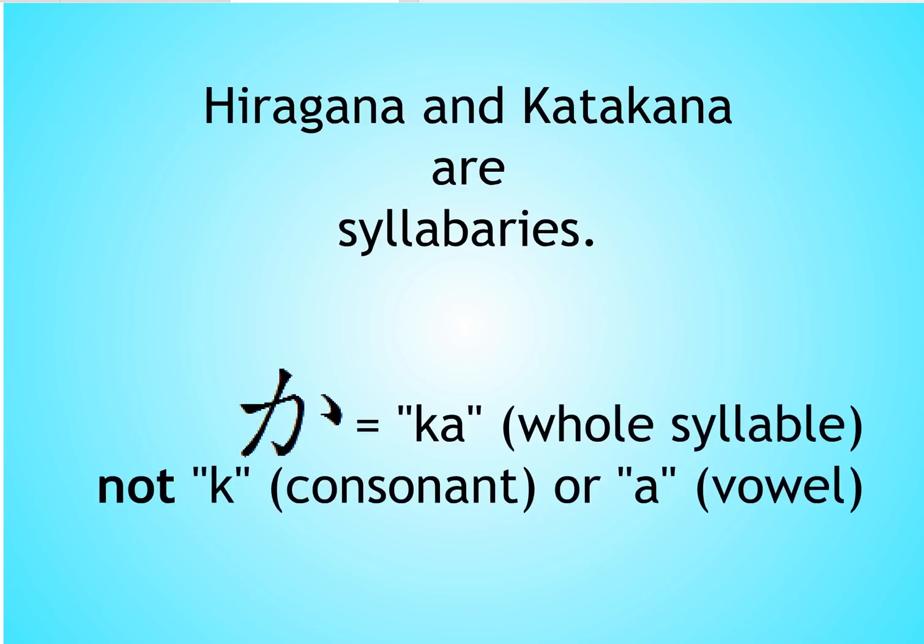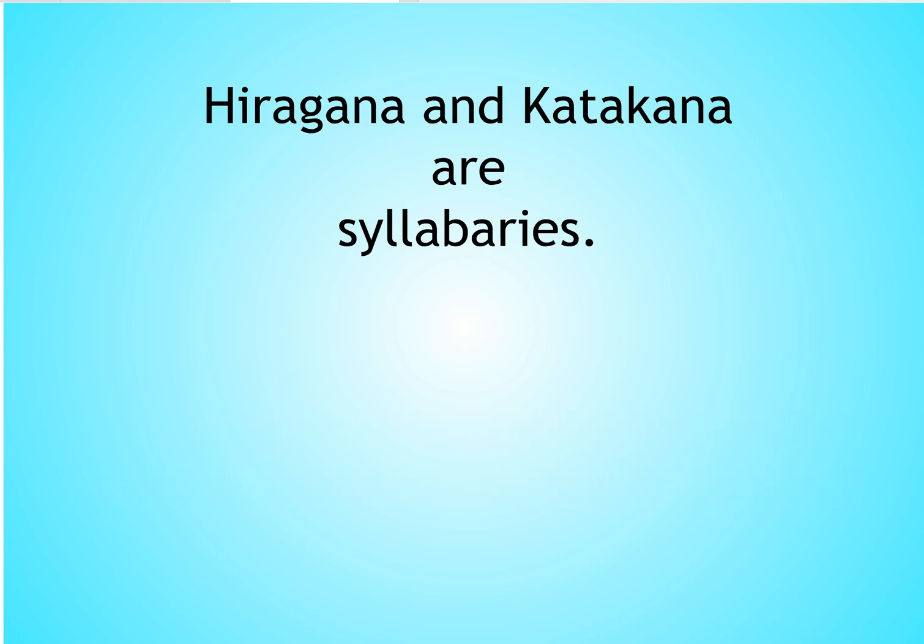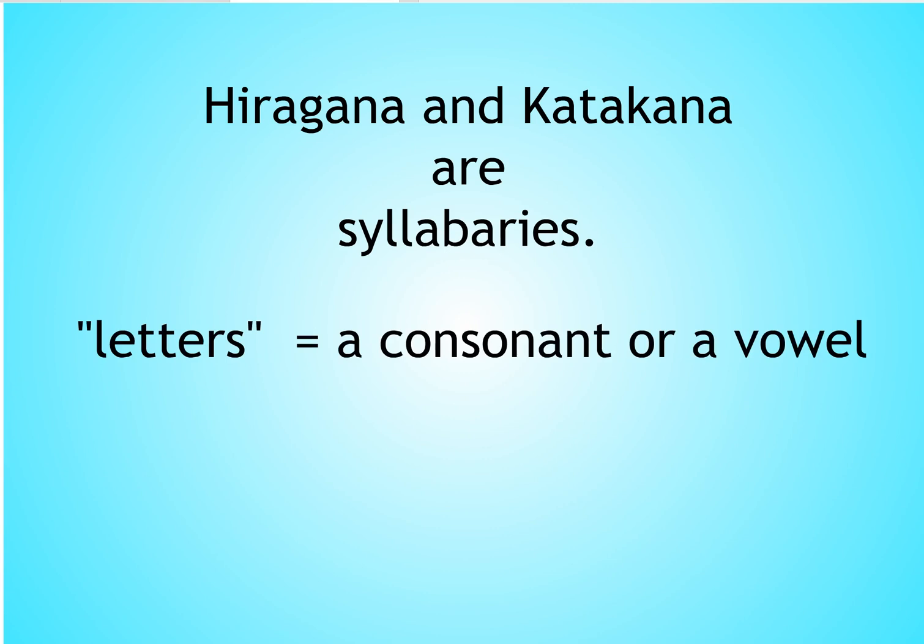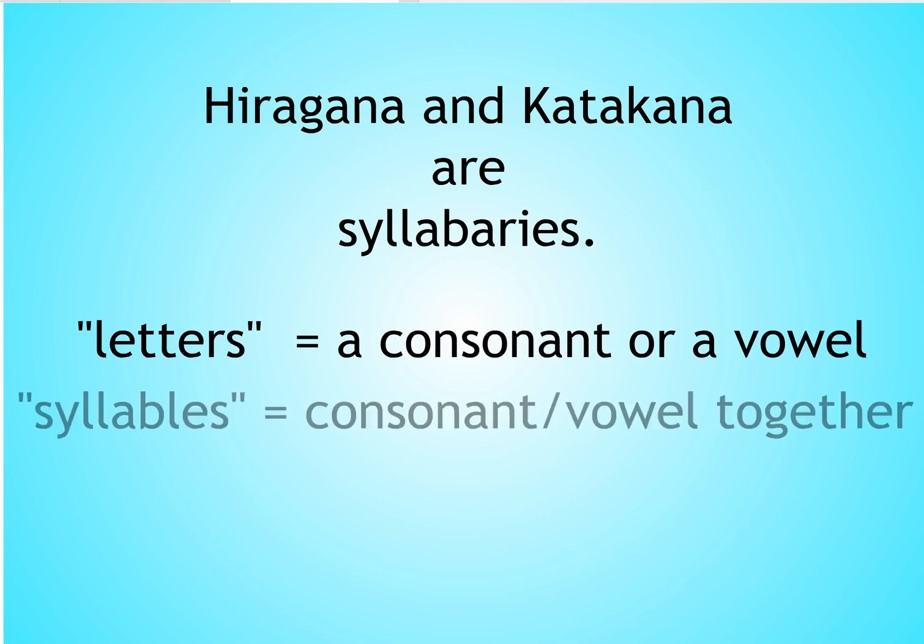Hiragana and katakana are not alphabets, they are syllabaries. Almost all characters code for a whole syllable, a combination of a consonant and a vowel together. Letters code for either just a consonant or just a vowel, so hiragana and katakana characters are syllables, not letters.